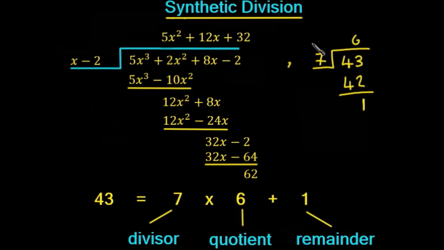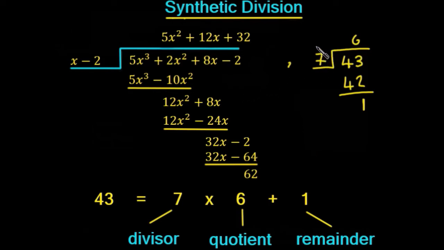So if we just rewrite this little equation out here, 43 is equal to 7 times the 6 plus the 1. Now we call the 7 here the divisor, we call the 6 here the quotient, and we call the 1 down here the remainder. So you can take a note of that up here.